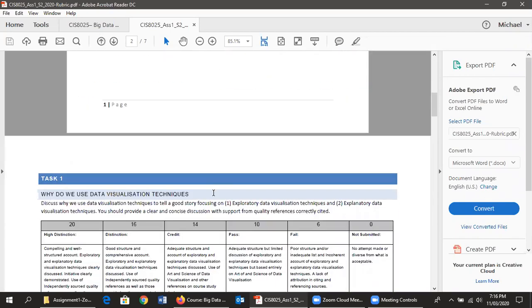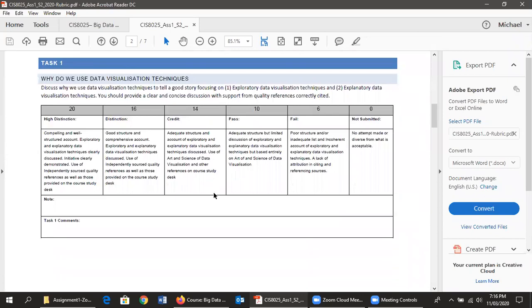And then the actual rubrics drill down for each task and give some statements to give an indication of how you're falling into one of those categories of high distinction, credit, pass, fail.